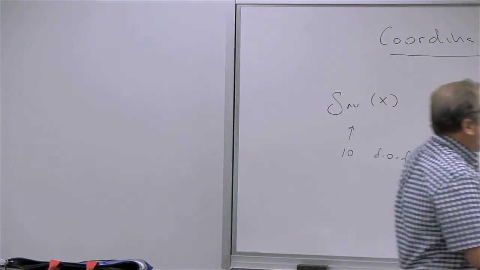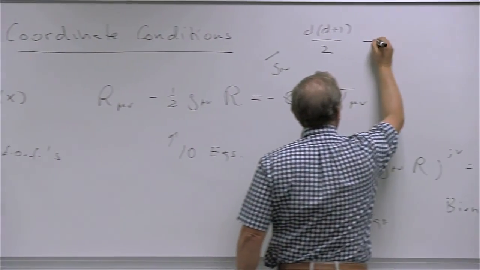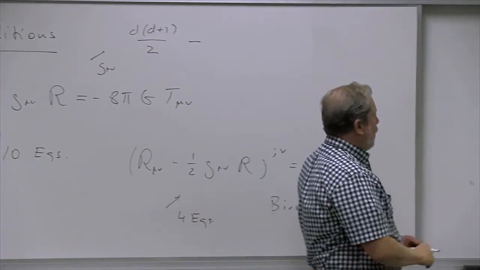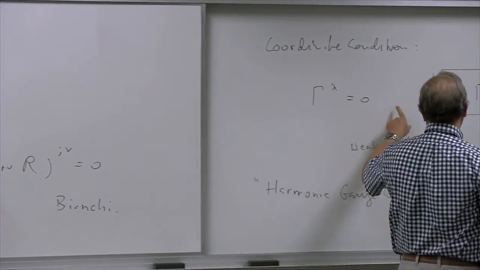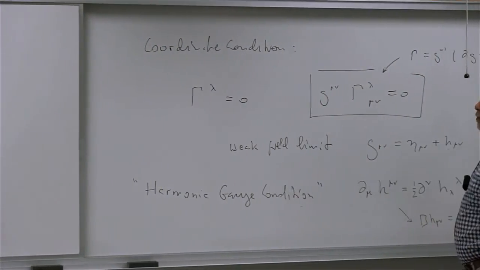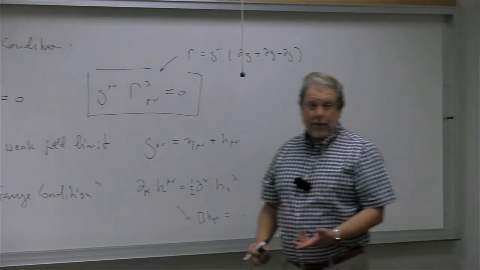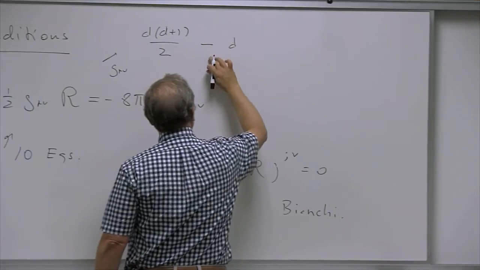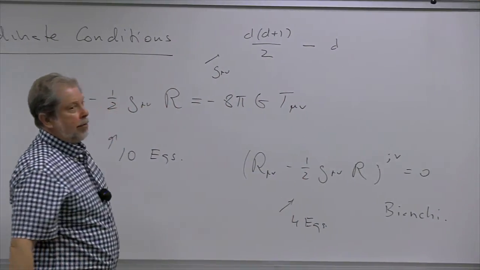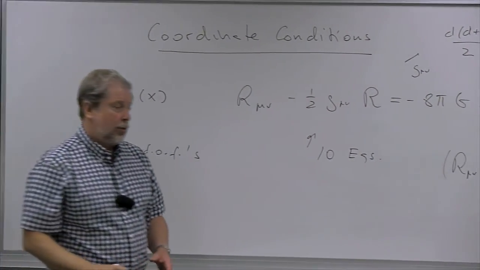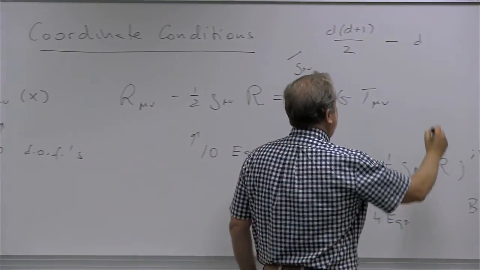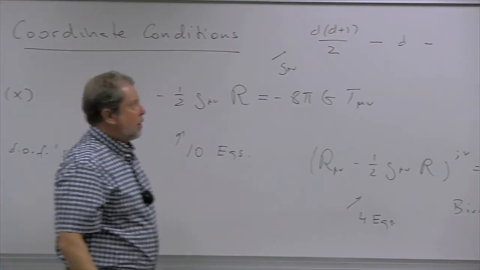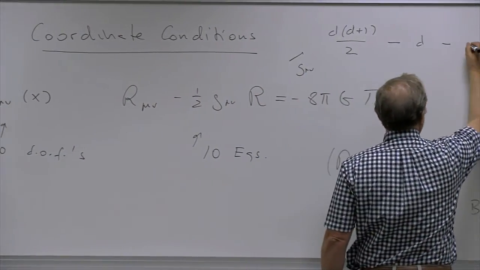And now, if you subtract this coordinate condition, it's obvious that when you write down either that or this, it's the same thing, then you have the equations. So you have that the original 10 degrees of freedom of the metric in 4 dimensions is reduced by 4. And you still have a residual invariance, which is some additional coordinate transformation that you can do.